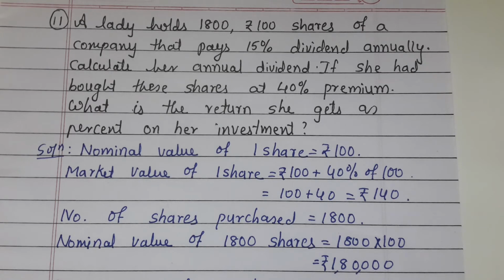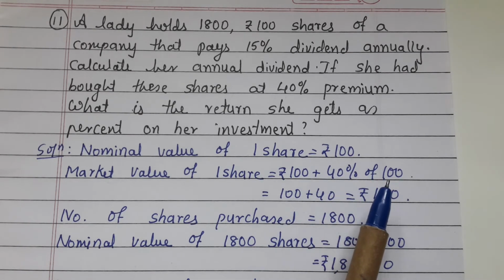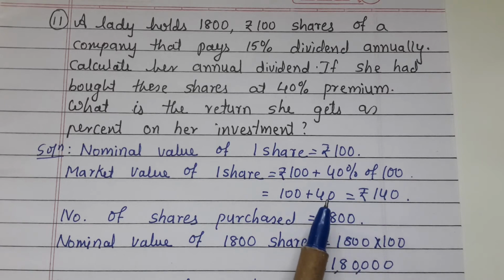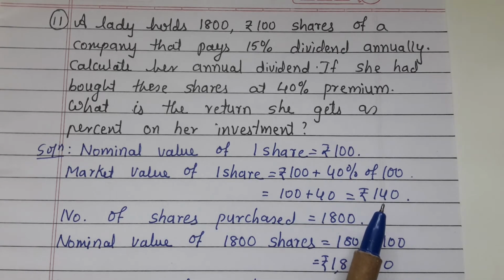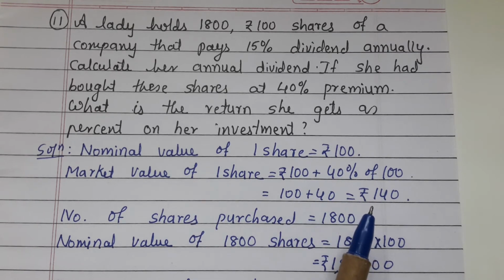Nominal value of one share rupees 100. Market value 40% premium. So plus 40% of rupees 100, that is rupees 40. 100 plus 40 is 140. Market value of one share is 140 rupees.